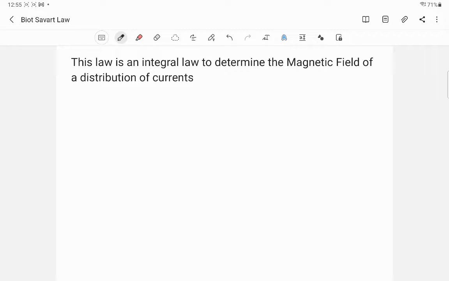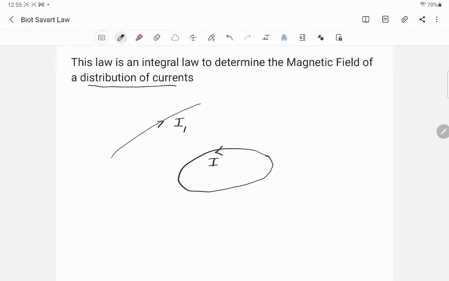So what I mean by a distribution of currents is that here I could have a line of current number 1, and I could have a line of current number 2, say a cycle, like a circuit. And then maybe there is some current heading out of the page, I3, and some current heading into the page, I4.